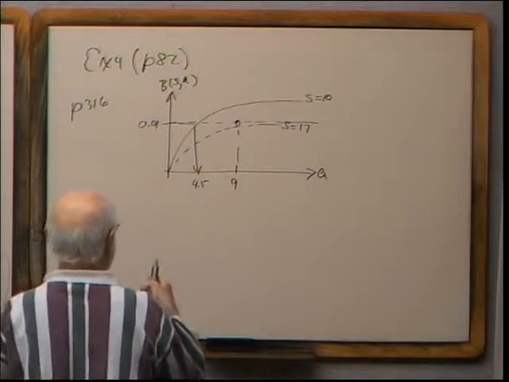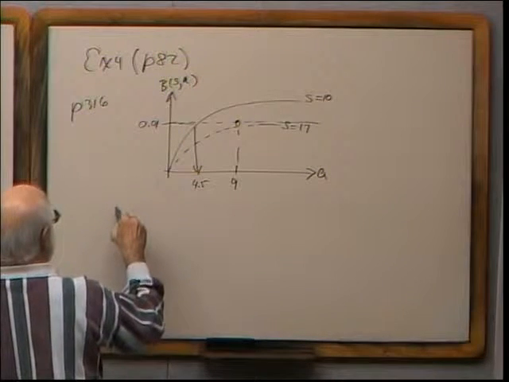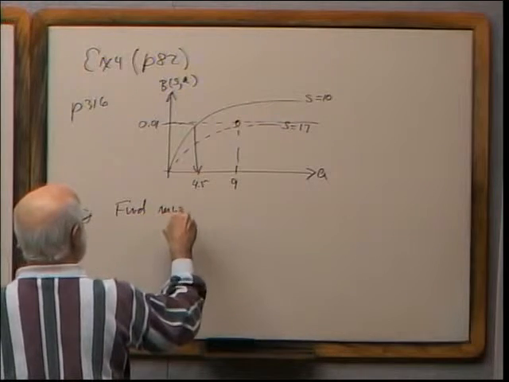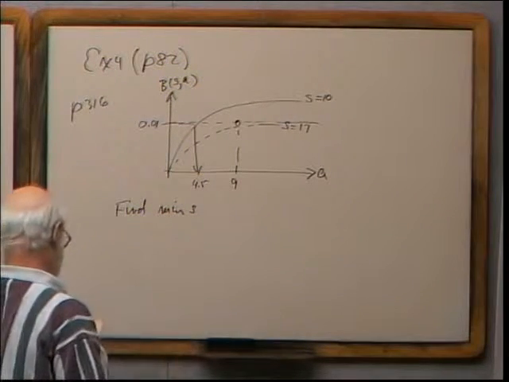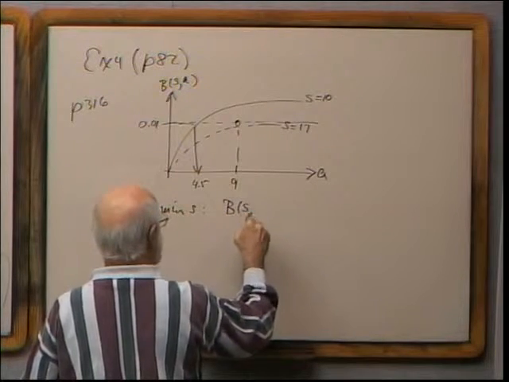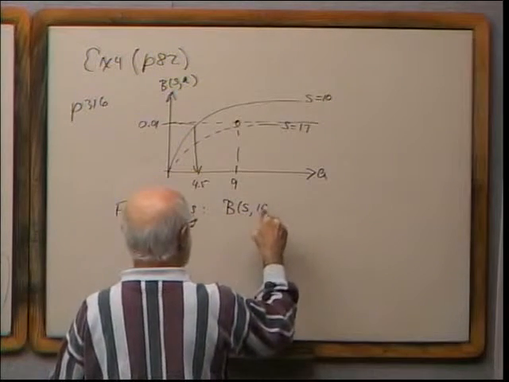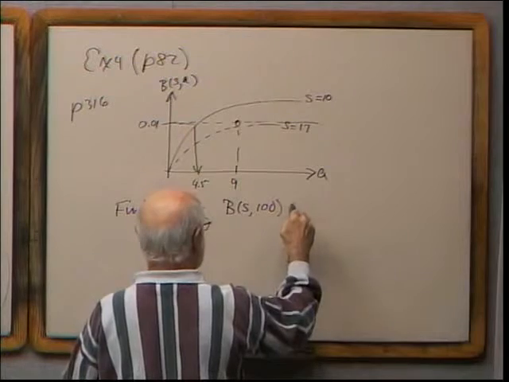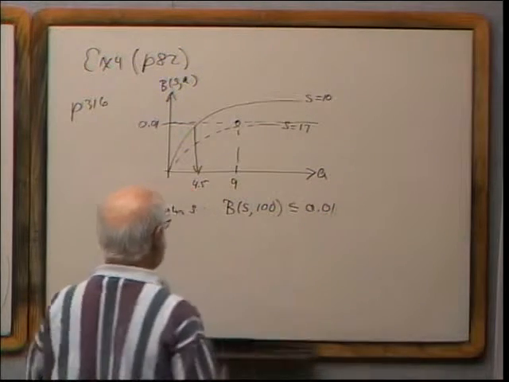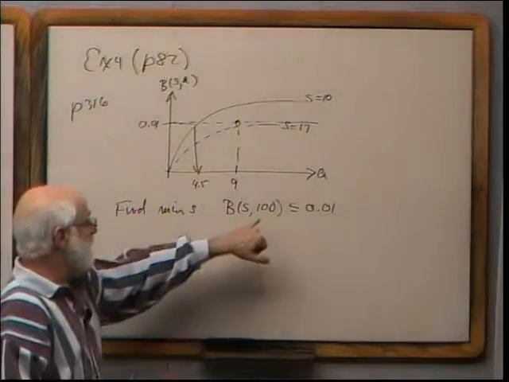Suppose that I say this. Find the minimum value of S such that the Erlang B probability for 100 Erlangs is less than or equal to 1%. In other words, I have a system, I estimate the offered load is 100 Erlangs.